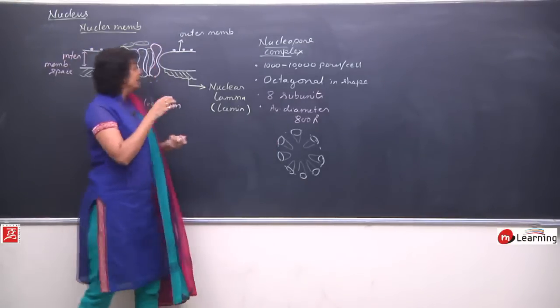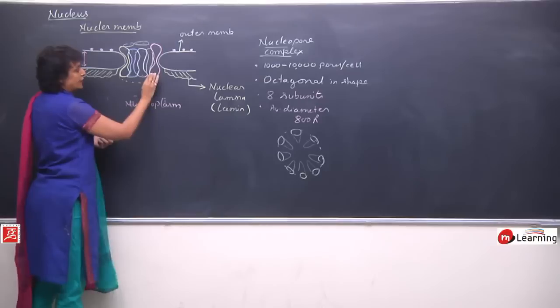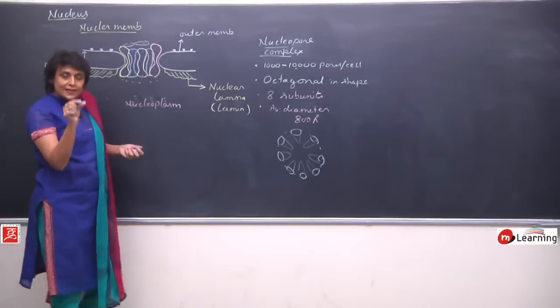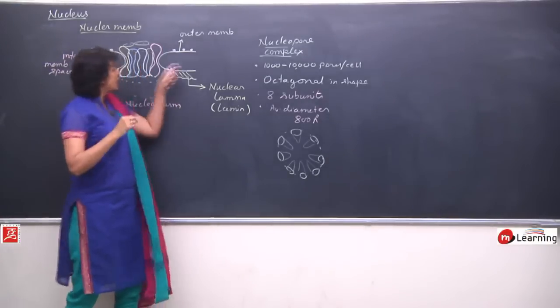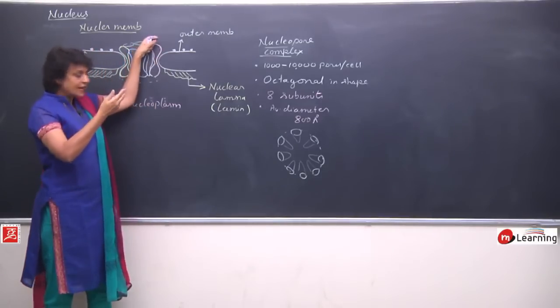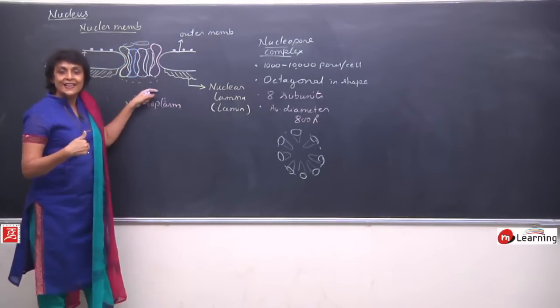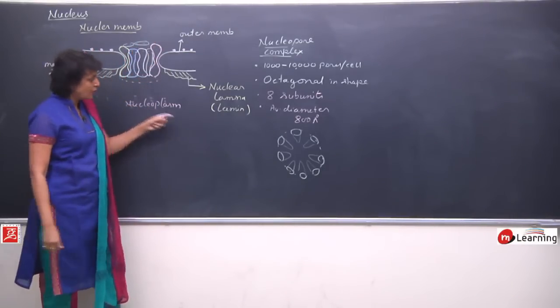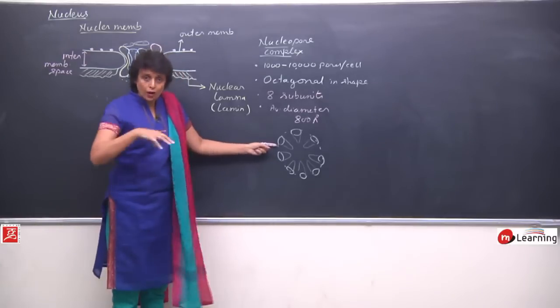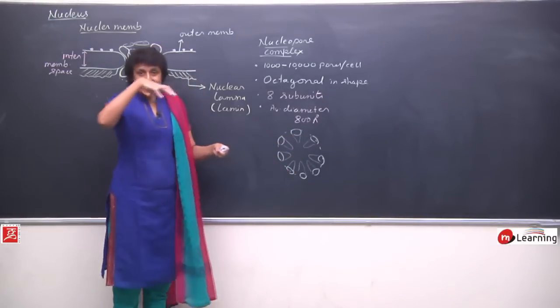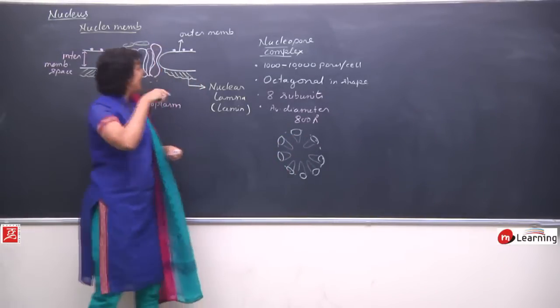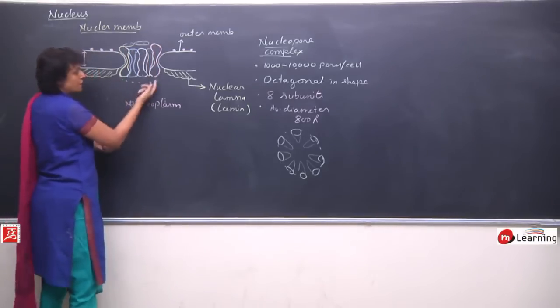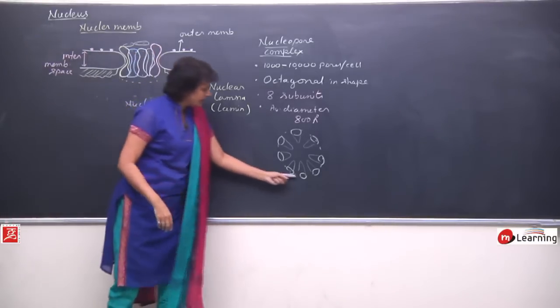So basically there is a dumbbell-like thing, the upper end, the lower end, and in the middle there is a narrower end. So it is exposed on the cytoplasmic side also, and it is exposed on the inner side, that is nucleoplasm side also. If you are looking from the top, only the 8 top ones. If you are looking from the bottom, only those 8 bulging things.